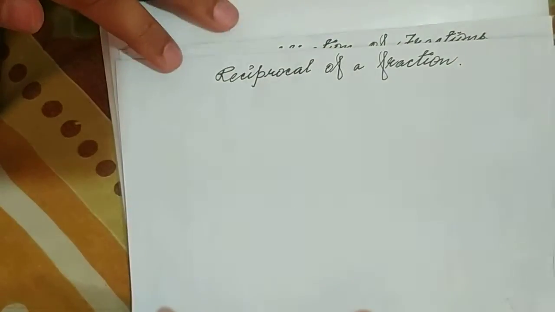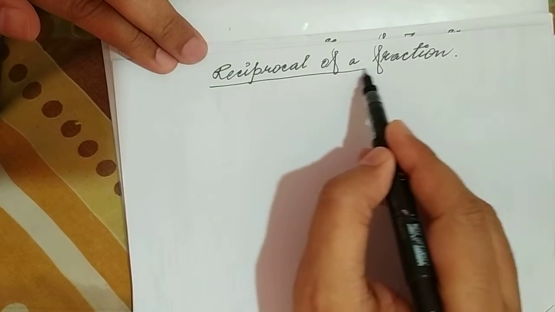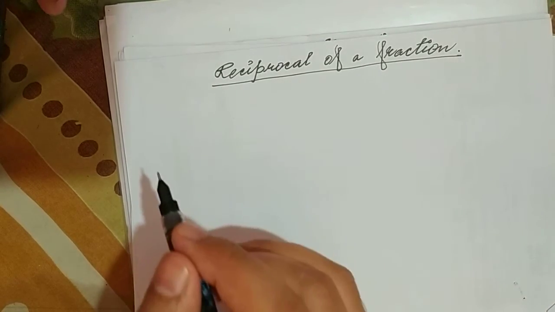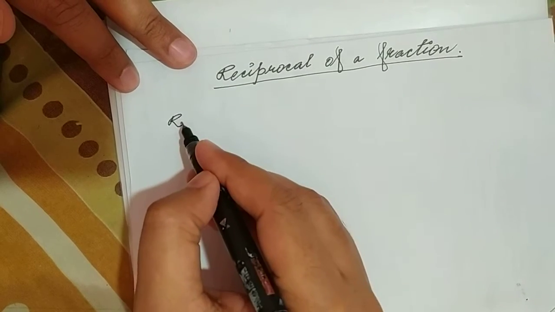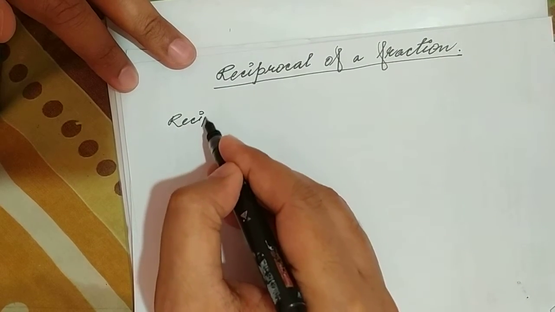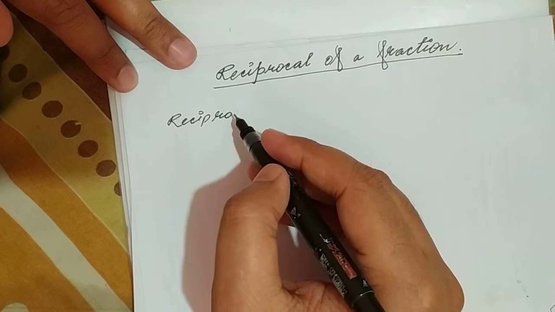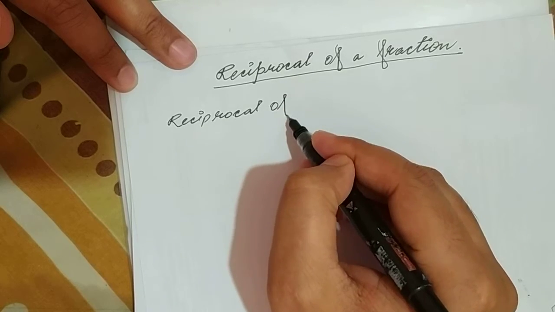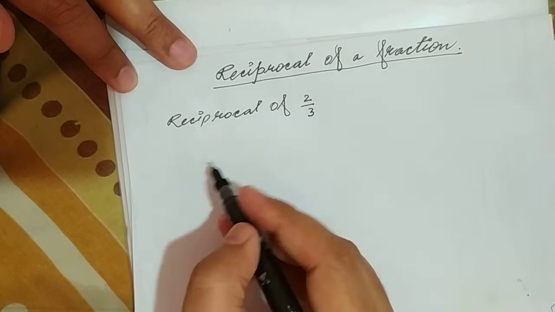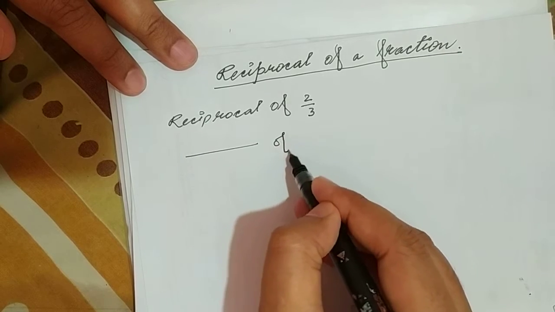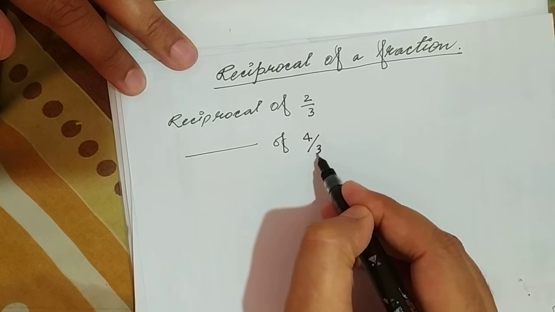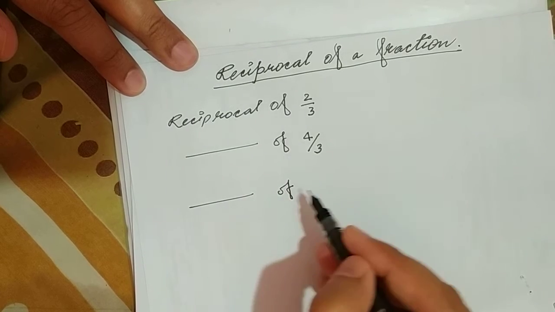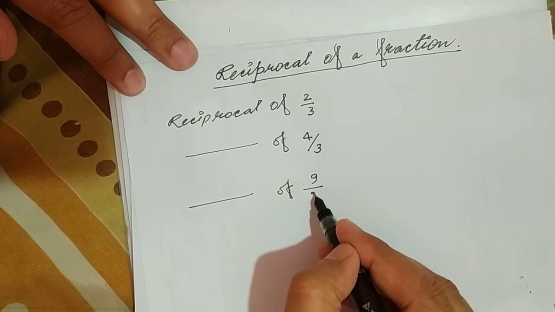After that हम लोग आज सीखेंगे रेसिप्रोकल ऑफ अ फ्रैक्शन। यहाँ से हमारा मेन टॉपिक स्टार्ट होता है, रेसिप्रोकल ऑफ अ फ्रैक्शन। किसी भी फ्रैक्शन का रेसिप्रोकल, तो इफ इट इज गिवन राइट अ रेसिप्रोकल of 2/3, reciprocal of 4/3, reciprocal of 9/2.